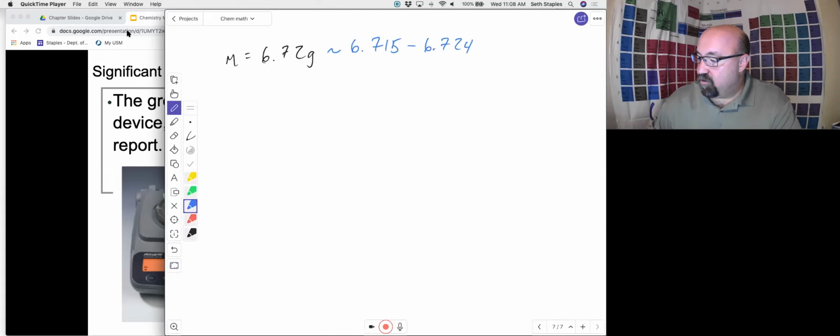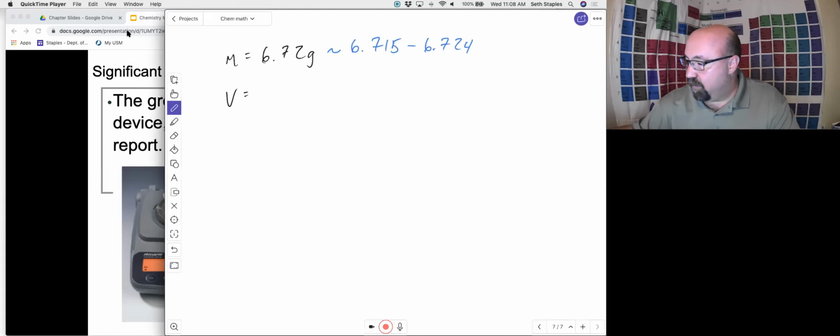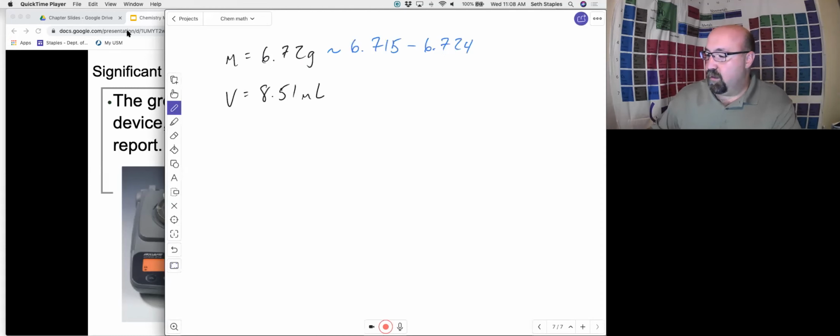And so then we also measure the volume. So we use a graduated cylinder, and we measure the volume of this sample to be 8.51 milliliters. Now again, this last measurement here is actually estimated.